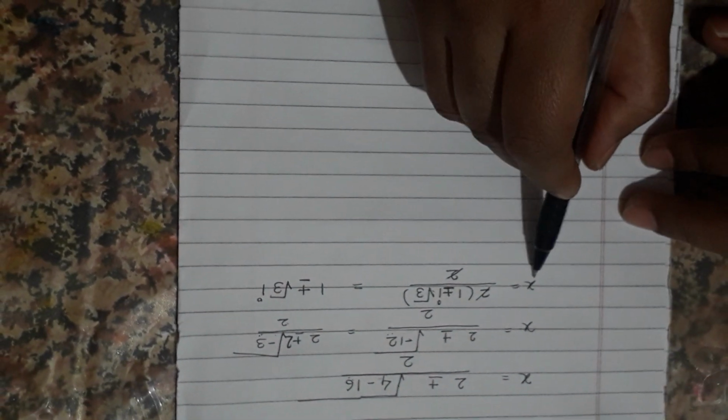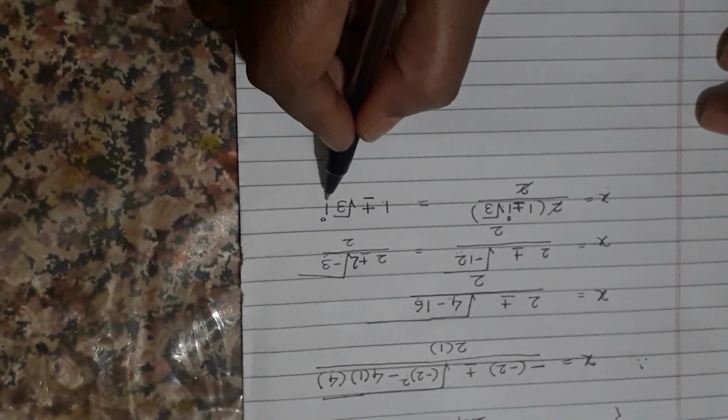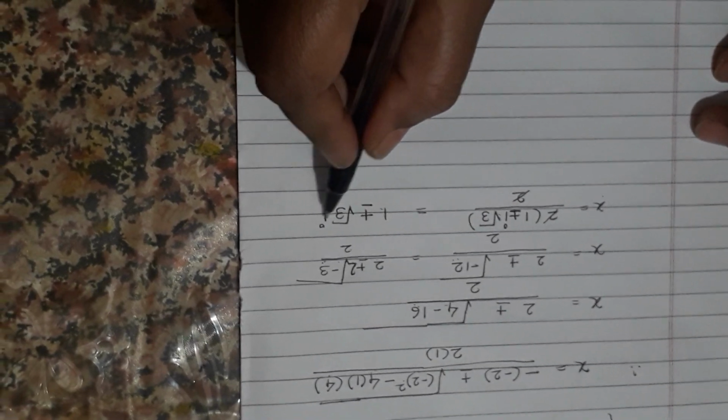In this way we get the two roots of the equation x square minus 2x plus 4 equals 0. One root is 1 plus root 3 i and the second is 1 minus root 3 i.